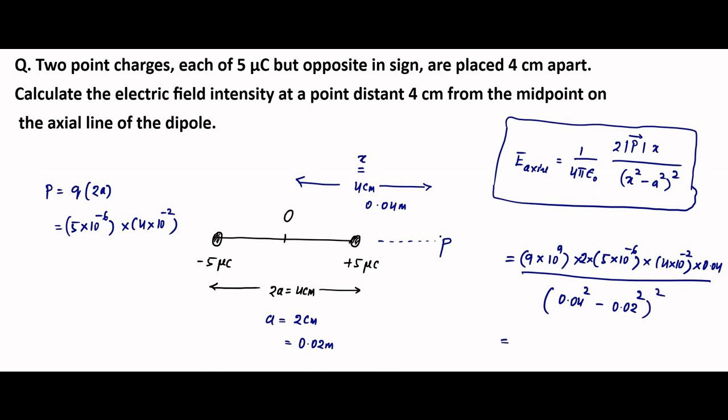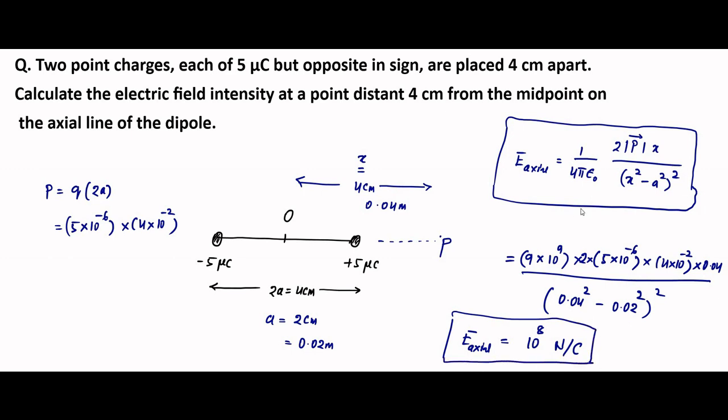Okay, so when we calculate it, it is coming around 10 to the power 8 Newton per coulomb. This is the electric field along the axial line of the dipole.